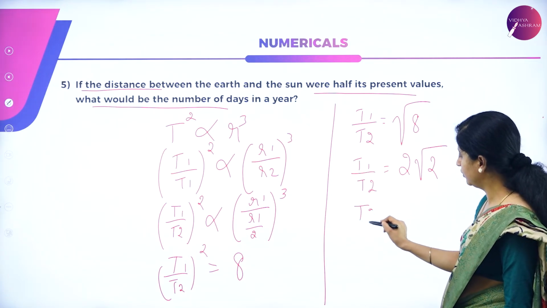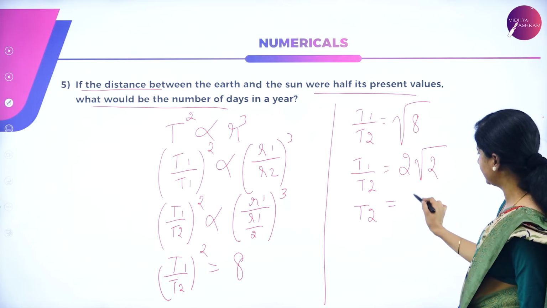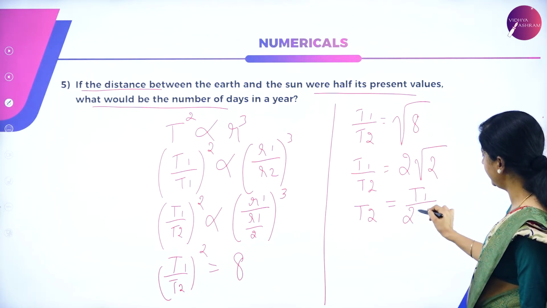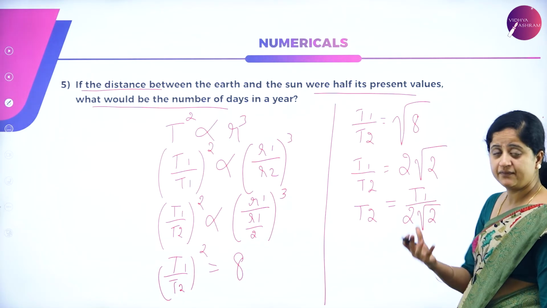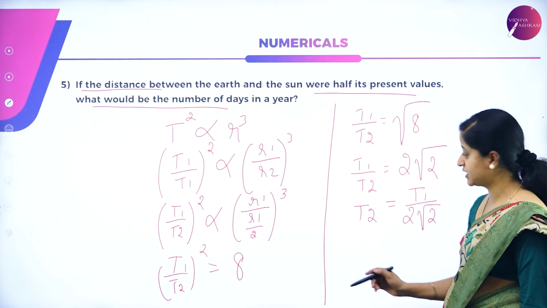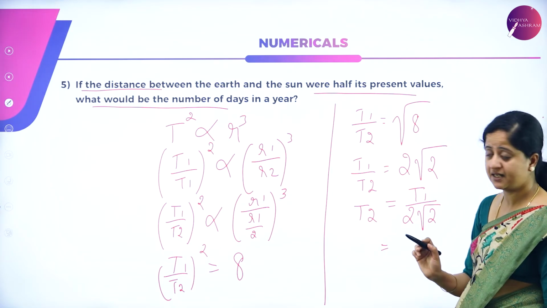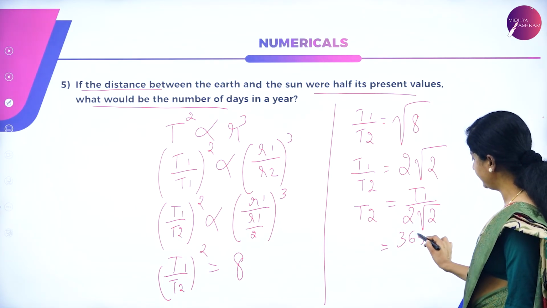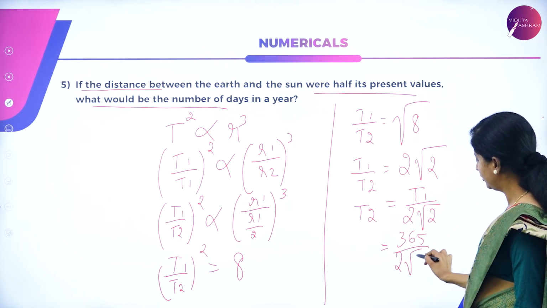So T2 will be equal to T1 divided by 2√2. What is T1? The time period now, which means the number of days without any modification in the distance between Earth and Sun, and it is 365 days, divided by 2√2.